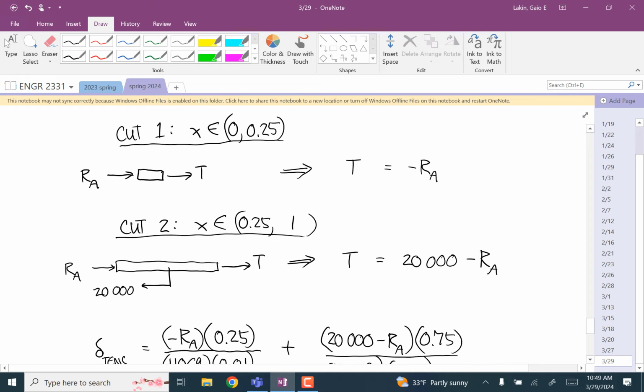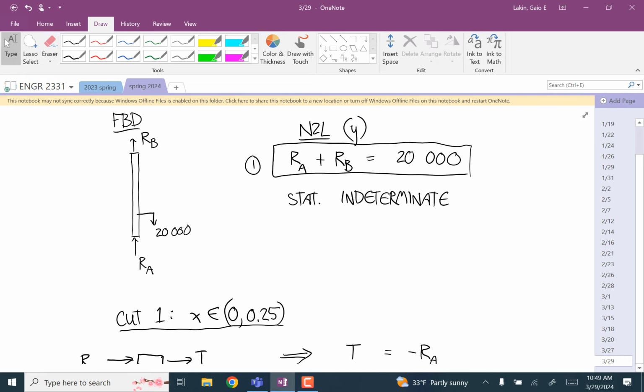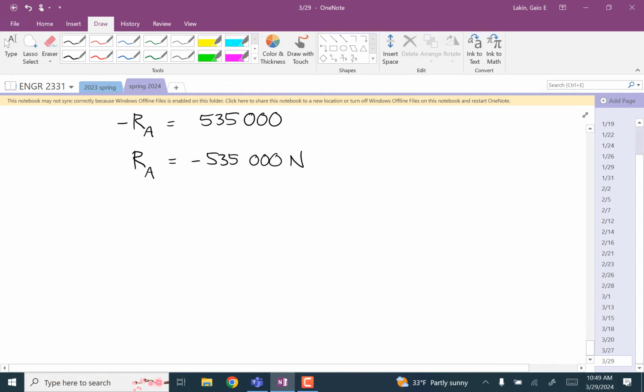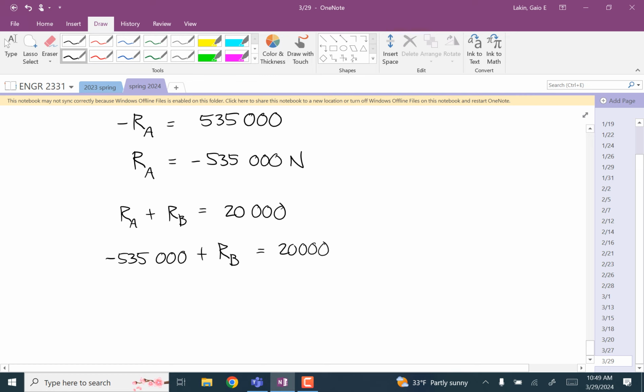Well, RA, from our first equation, RA plus RB has to be equal to 20,000. So negative 535,000 plus RB is equal to 20,000. So RB is equal to 555,000 newtons.